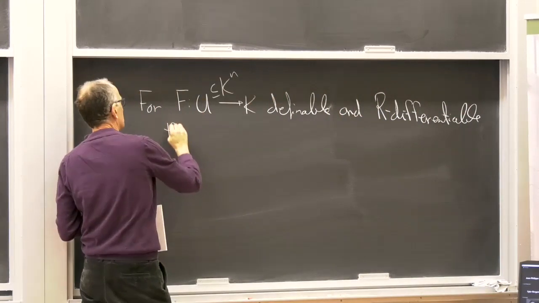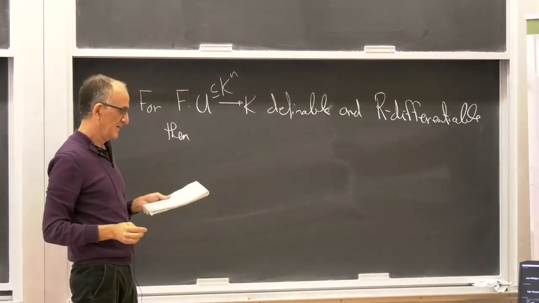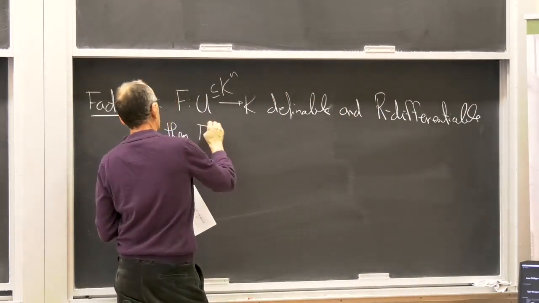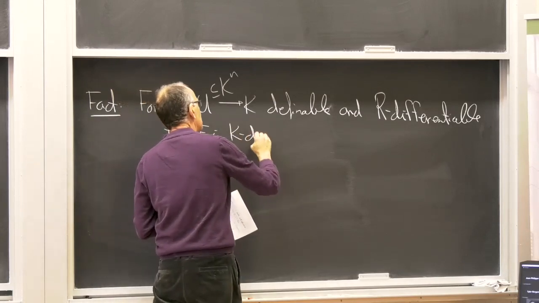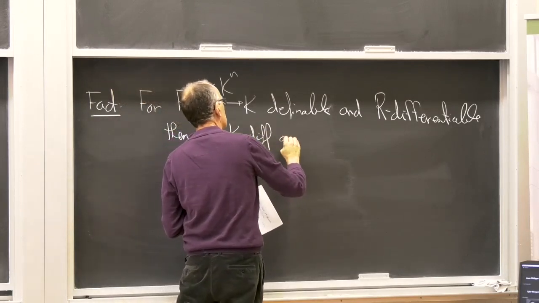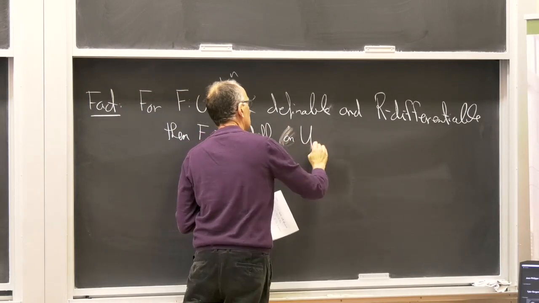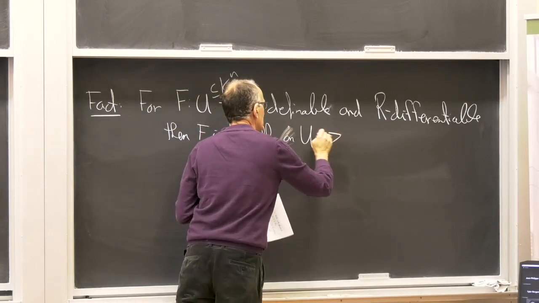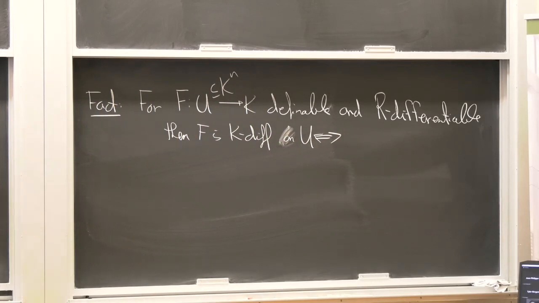Then we have the Cauchy-Riemann statement: f is K-differentiable on U if and only if the Jacobian, seen as a matrix in R^{2n}, is in fact a K matrix.